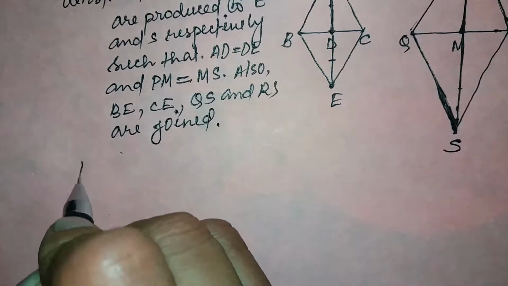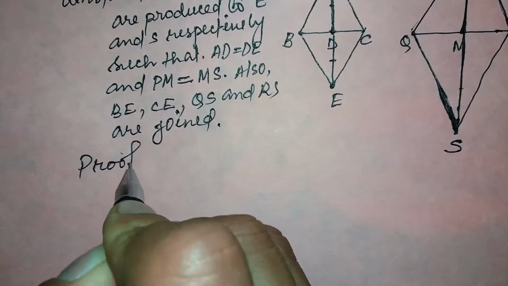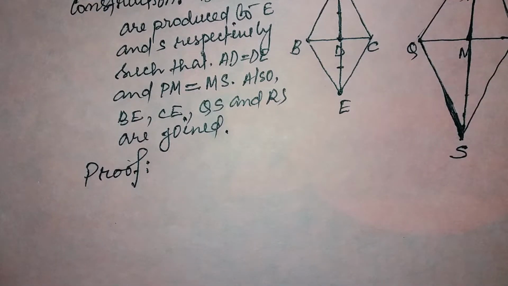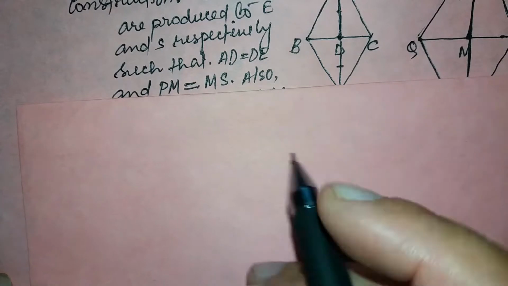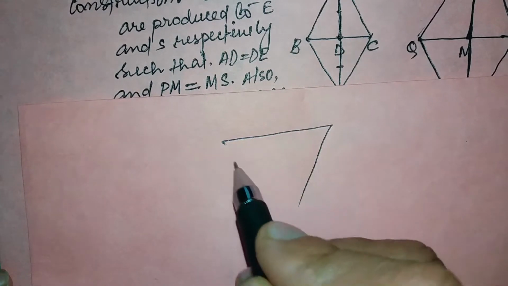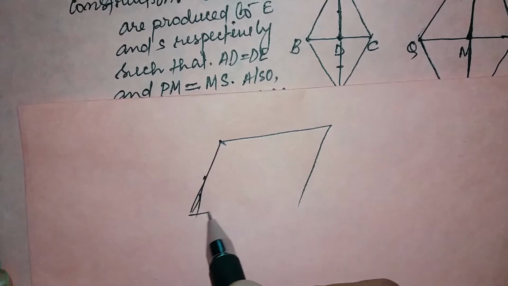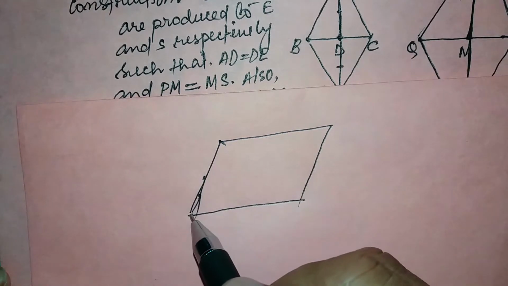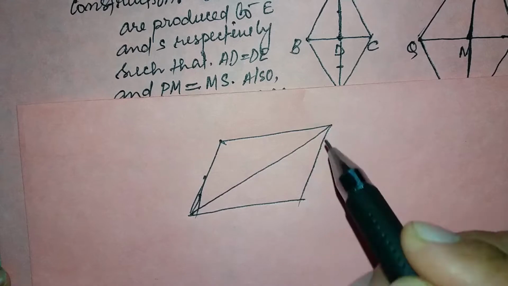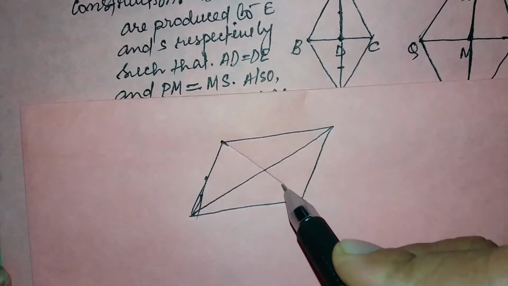Now proof. Let's recall a property of parallelogram which we're going to use here. In class 9 you have learned that the diagonals of a parallelogram bisect each other. So this is one diagonal and this is another diagonal.